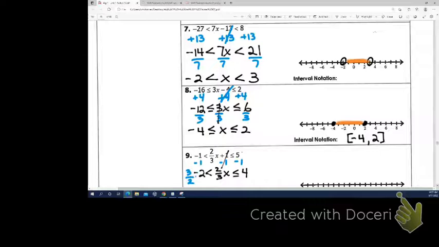Which means we're multiplying by 3 and we're dividing by 2. 3 over 2, 3 over 2. So that gets x completely alone. 3 times negative 2 is negative 6. Divided by 2 gives me negative 3. X is now alone. 4 times 3 is 12. Divided by 2 is 6. Or I could do the division first and then do 2 times 3. Still 6.